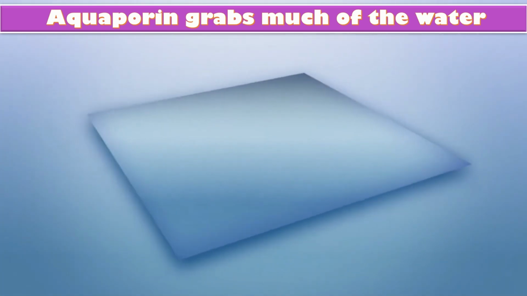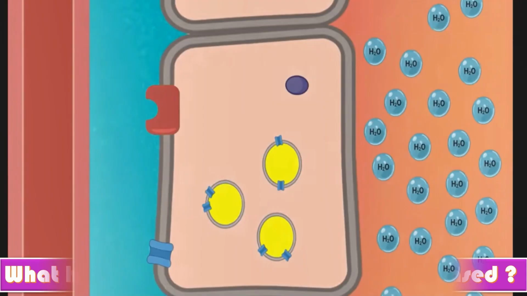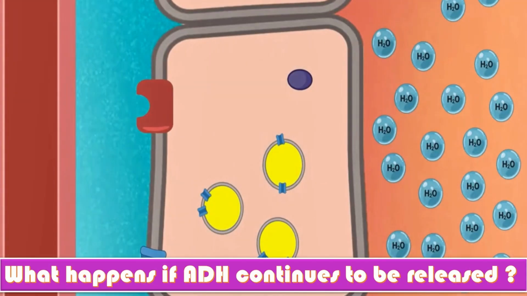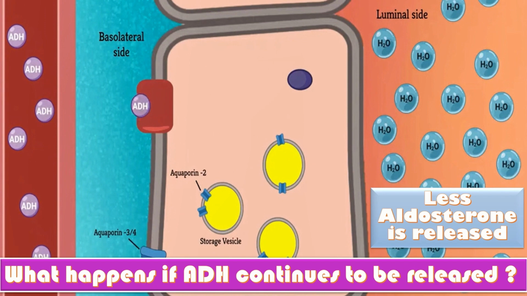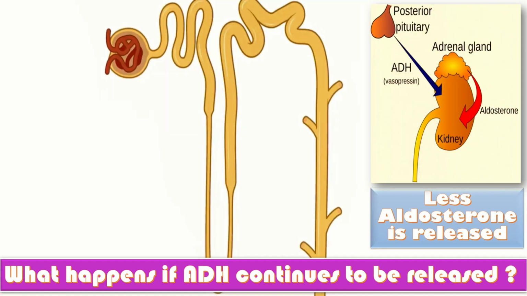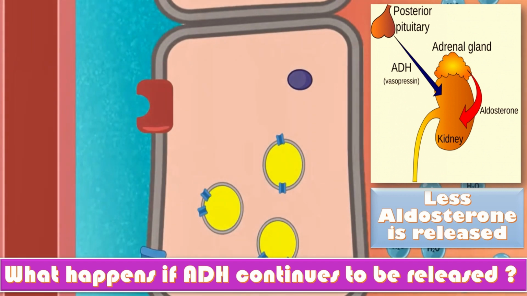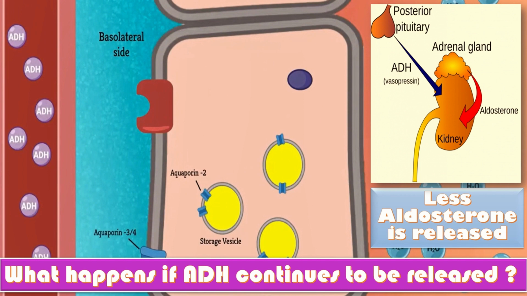Now suppose ADH continues to be released. Even though the plasma osmolality has dropped, we are going to continue retaining water, and as we drink more and more water, we might expect our plasma osmolality to continue dropping. However, this isn't actually what happens.